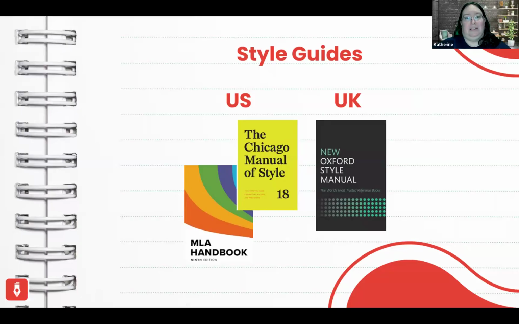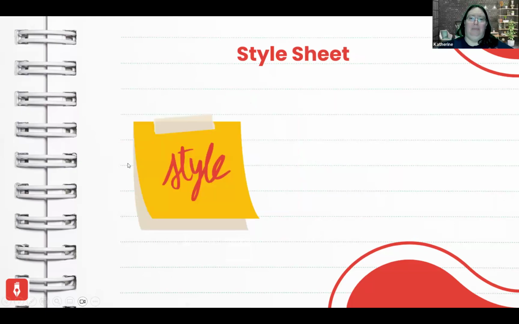So if I'm publishing fantasy in the UK, I am going to be doing the New Oxford Style Guide or Style Manual instead of Chicago Manual of Style, where I'm now using single quotes instead of double for quotations. I'm using an N dash instead of an M dash. I'm using ellipses differently with spaces on either side. So those small notes just are things to keep in mind and reflect on as you go through. We'll talk about how you can set all that up.